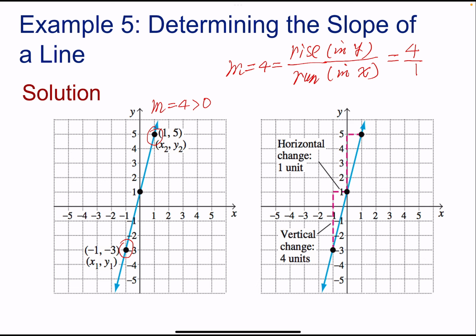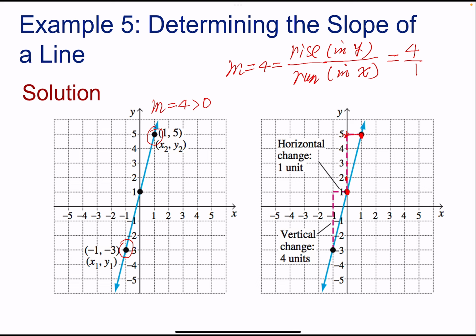So that means that when x runs +1, y rises +4. So if you fix this point, you go up by 4, rise by 4 in y, 1, 2, 3, 4, then you run in x by +1, and you should get to the point on the number 9.